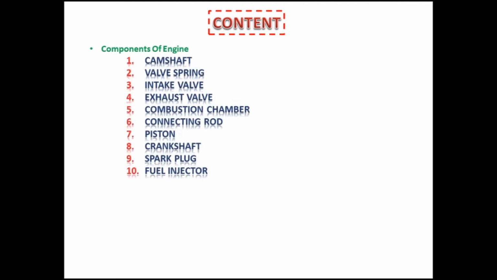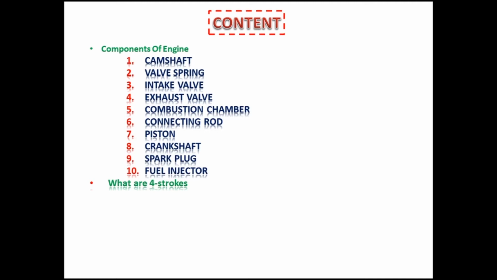So let's move to the content, in which we will see what we are going to discuss. First, we will discuss the engine components' names and their working in brief, so that we can understand the working mechanism of the engine in 4-stroke and 2-stroke. Then we will discuss what these 4 strokes are and what happens in them.